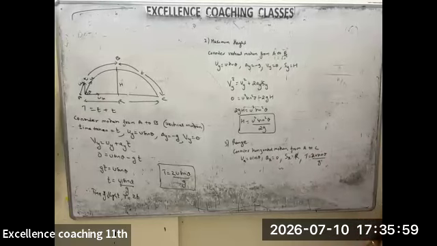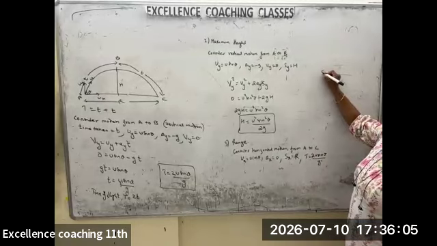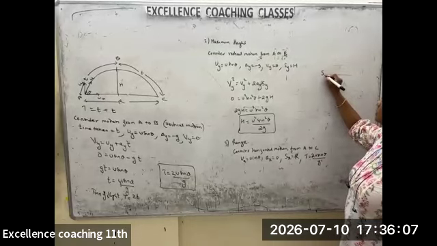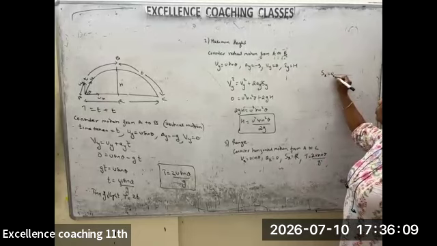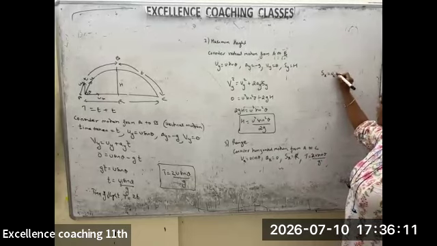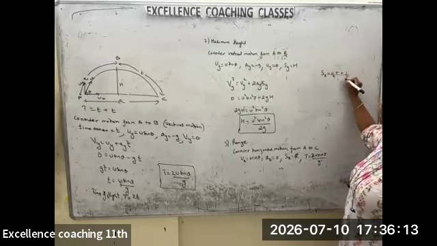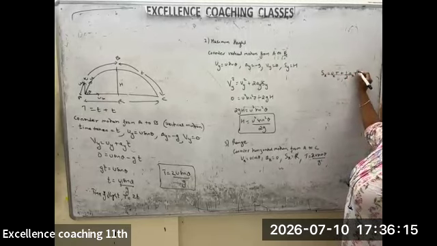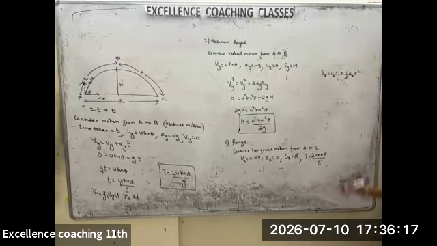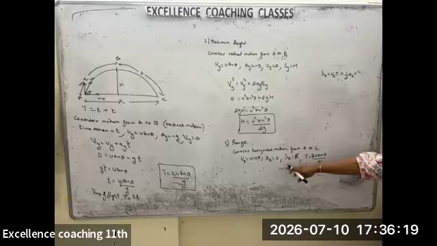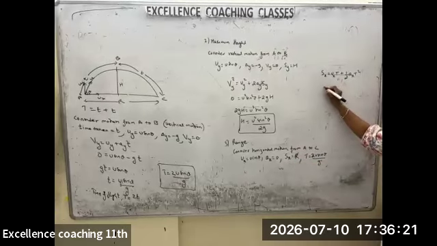Which formula will you use to find S? Second one. So S is equal to ut plus half at square. The second term became 0 because ax is 0. So what is left?